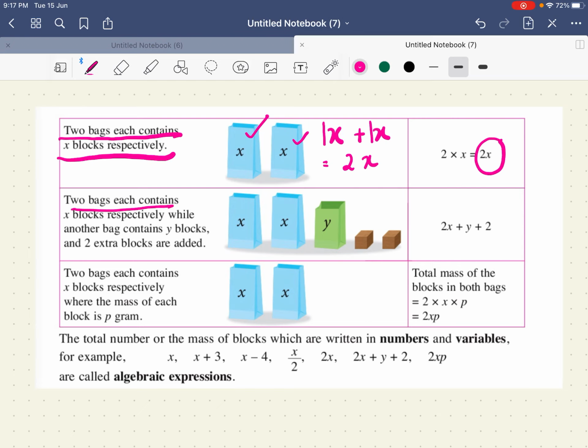Ada 2 bags, X block. Okay. Lepas tu ada lagi Y block. Ni blok jenis lain kot. Tak sama dengan X. Ya. Tak sama dengan blok X. Okay. Then 2 extra blocks are added. So disebabkan Y ni dia tak sama jenis dengan X. X dengan X ni gang.